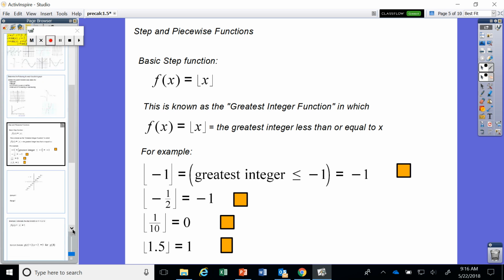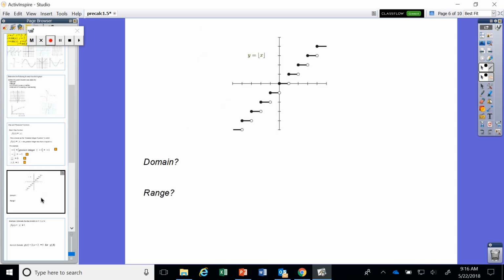Think about what that is actually representing. Let's take a look at what our step function can look like. This is the parent function of our step function. The question I have for you is, what's the domain and what is the range of the step function?